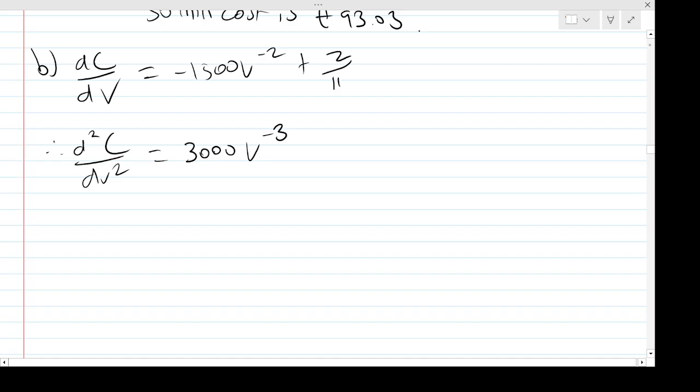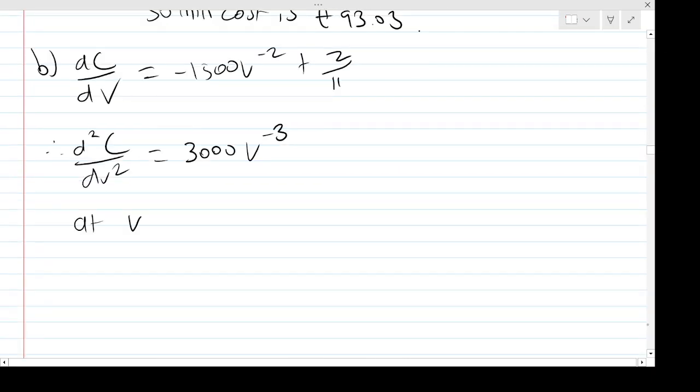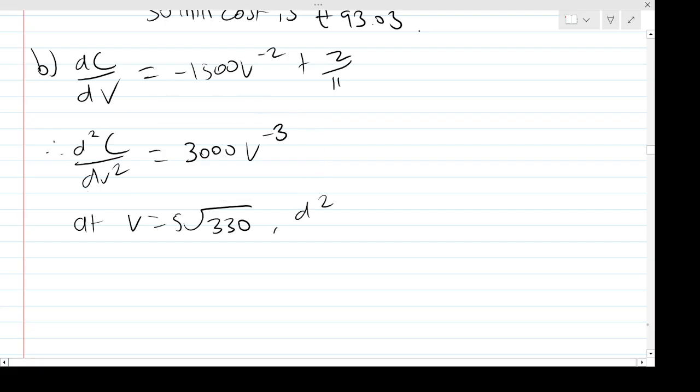So then I need to substitute my minimum v point here, v equals 5 root 330. If you want to show that this is the minimum, then we need to consider the sign of the second derivative. If we substitute that into my second derivative, that'd be 3000 lots of 5 root 330 to the minus 3.